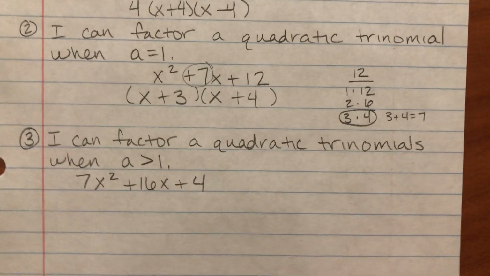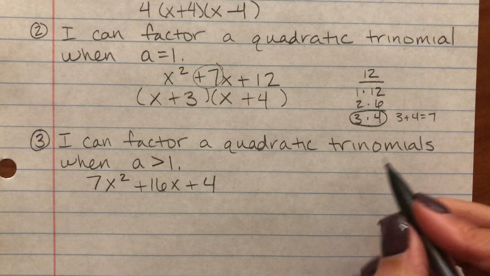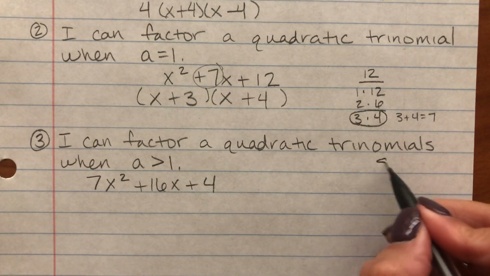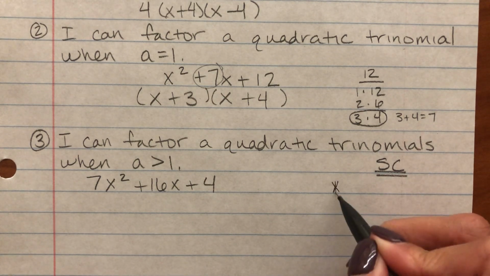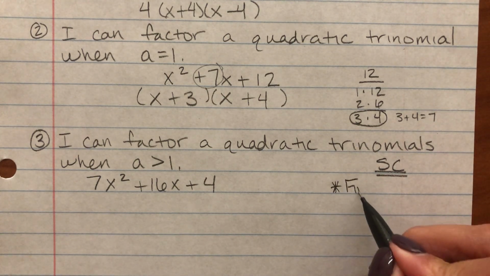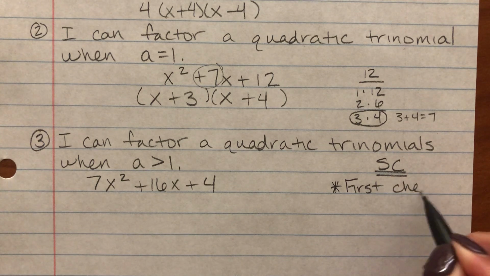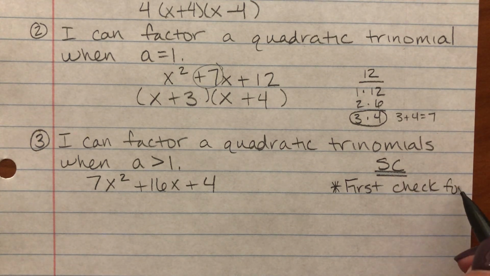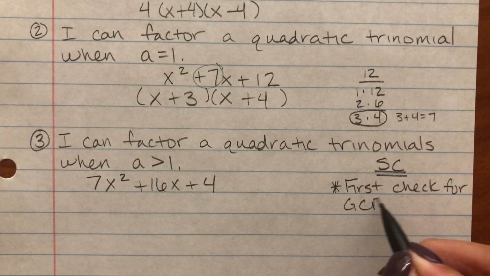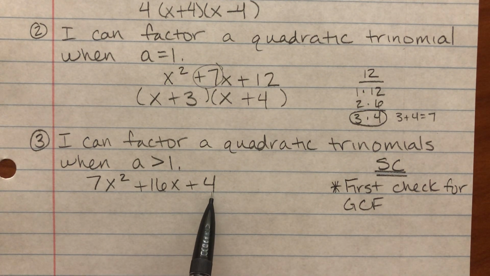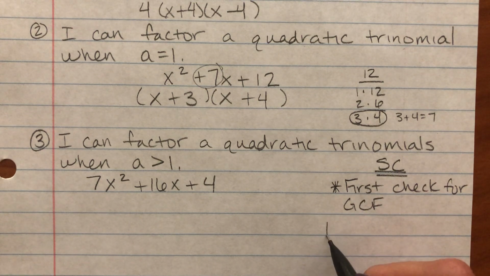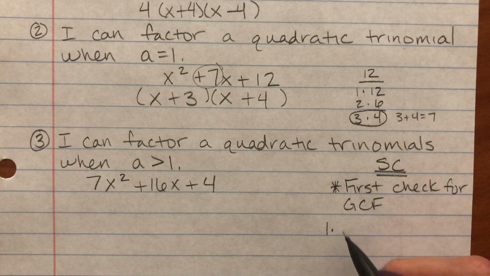And then to the side, we'll write our success criteria. So as always, you want to first check for a GCF. So 7, 16, and 4 does not have a GCF. So I can go to my first step.